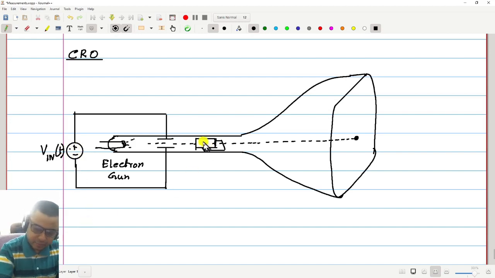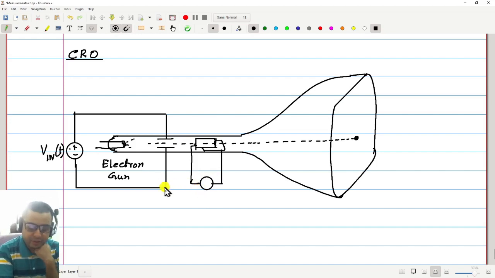And then between these two electrodes, one is towards me, another is away from me. Between these two, you can also apply a voltage. That will also be a function of time. Exactly what the waveform will be, we will discuss shortly.